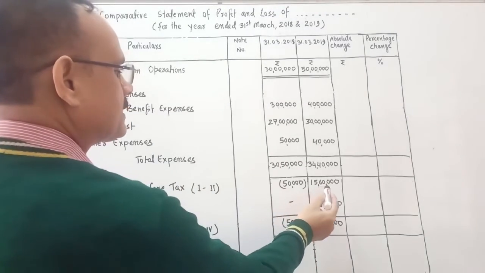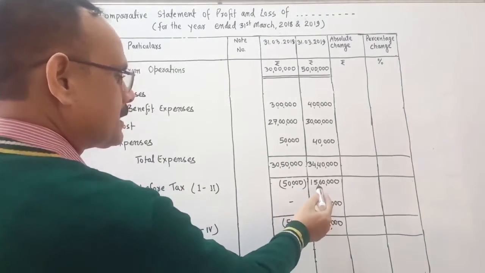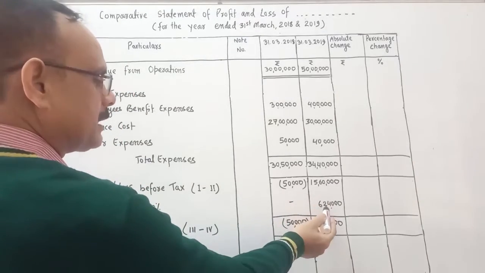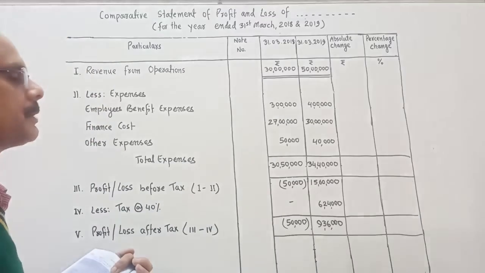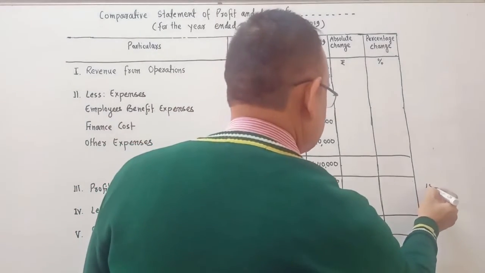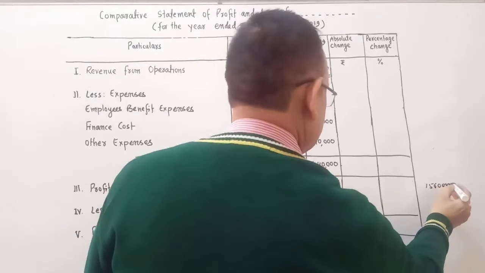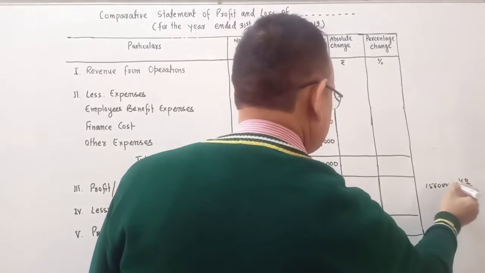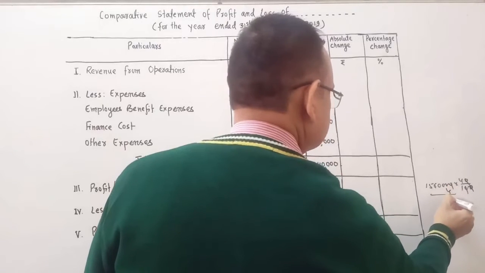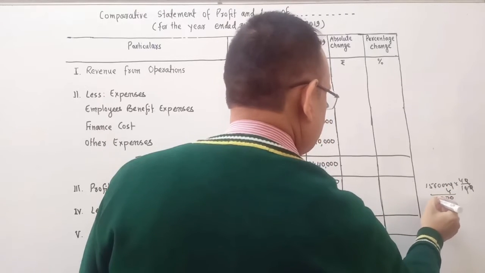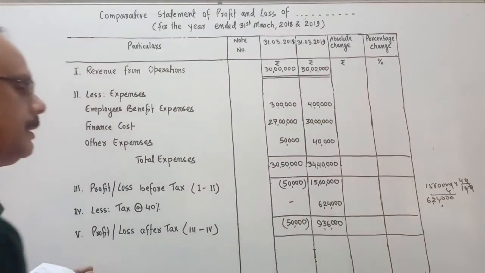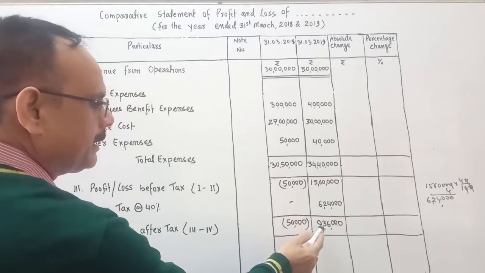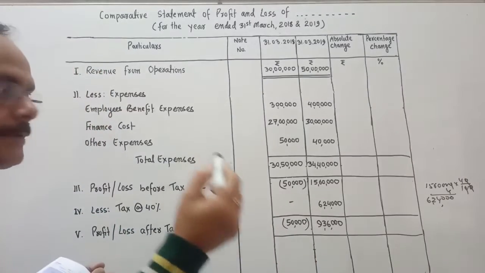Here on 15 lakh 60,000 we will calculate 40% tax, which comes to 6 lakh 24,000. You deduct this from 15 lakh 60,000 and you will get the profit after tax.